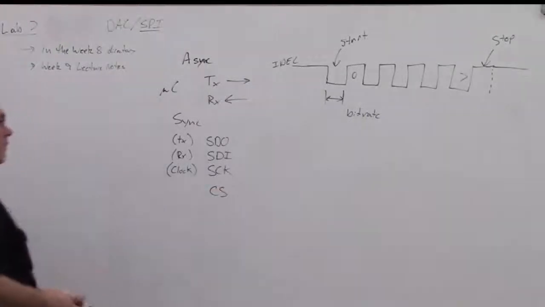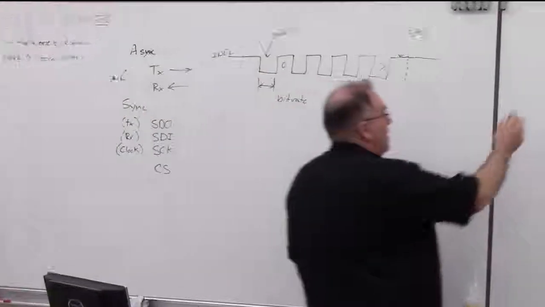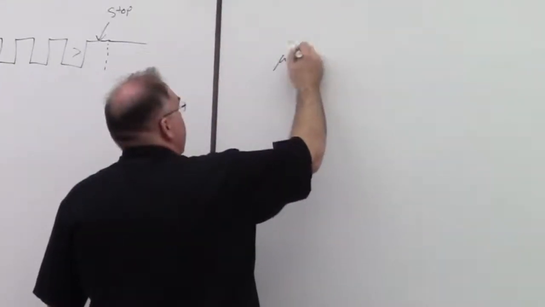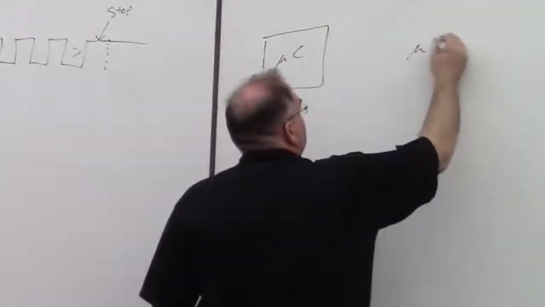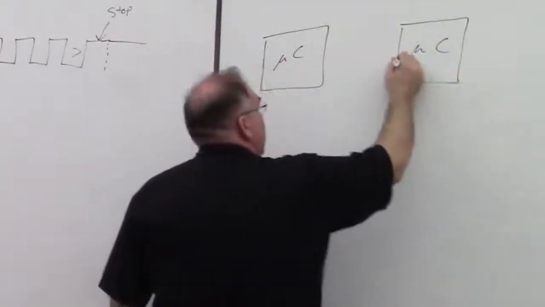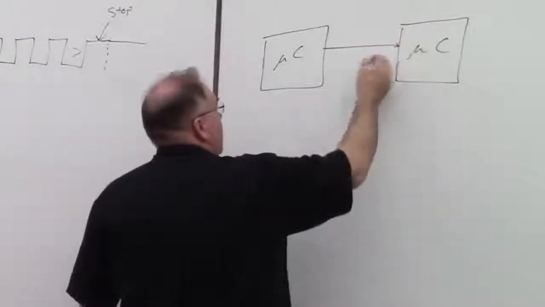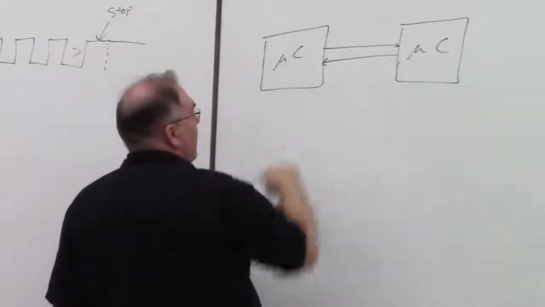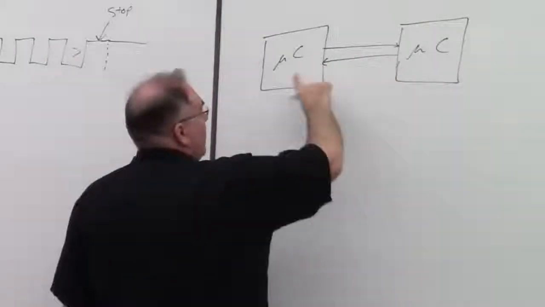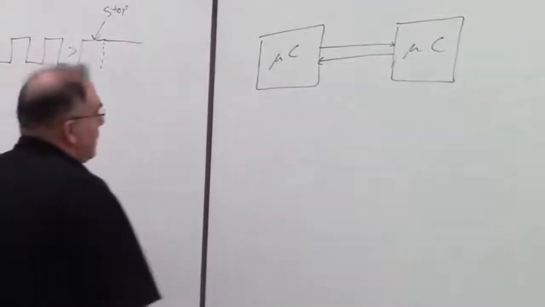And so with the asynchronous, you'd have one microcontroller talking to another microcontroller. This is what we're doing in the lab. There's other topologies that can be set up that are a little different, where you could have multiple devices. But for the lab that we did, we just had 2 devices talking to each other.